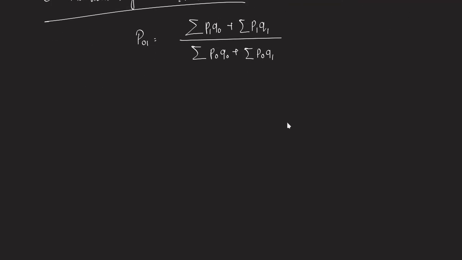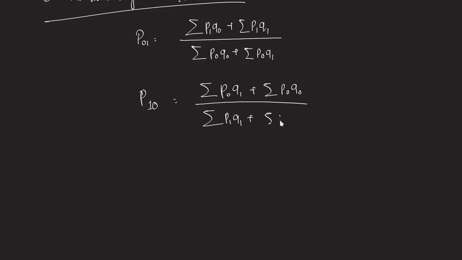I am ignoring the 100. So here P10, that means we have to change the time, so the 0s will become 1 and the 1s will become 0. So it will be summation P0 Q1 plus summation P0 Q0, and this will be summation P1 Q1 plus summation P1 Q0.